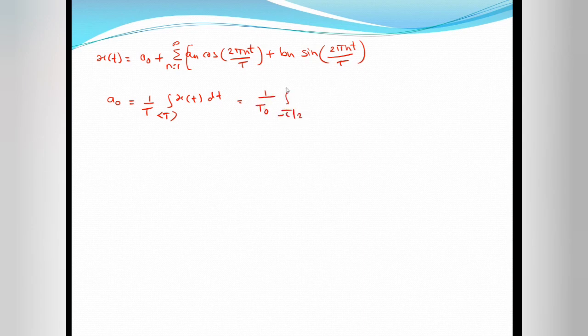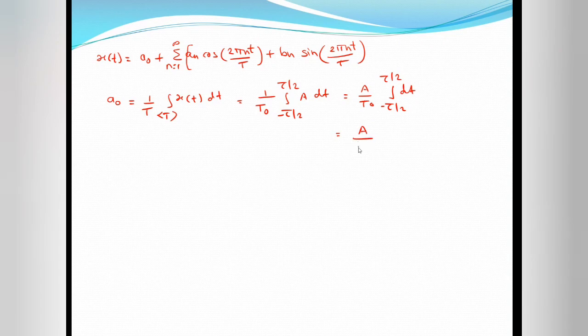Limits will be from minus tau by 2 to plus tau by 2, and the x of t value, that is amplitude, is A. Now as A is a constant term, we can take it outside the integration, and therefore the outside term will be A by T0, and the limits from minus tau by 2 to plus tau by 2 integration dt.